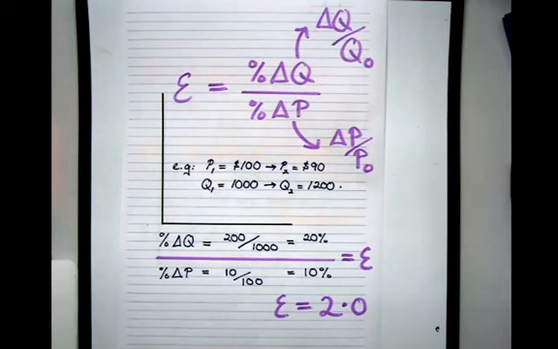Because if the price goes down, the quantity will definitely go up. And if the price goes up, the quantity will definitely go down. So that minus sign is next to meaningless because it will always be negative. It's not giving you any more information. So most textbooks don't include the minus sign because the answer will always be negative anyway.